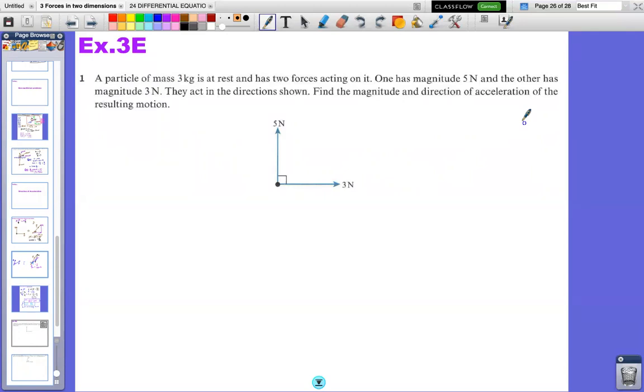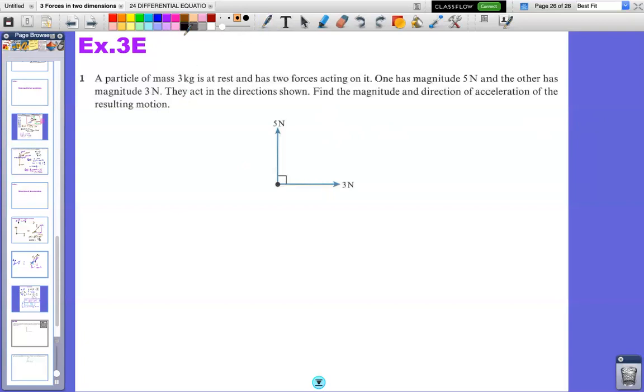Ruby? Yes. Is that Floria? No, I'm Ruby. Have you solved exercise 3E? No. Okay, Floria is back. Have you solved exercise 3E, Floria? She's still not responding. She's absent from this class.